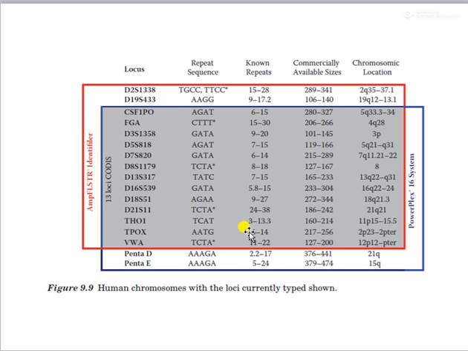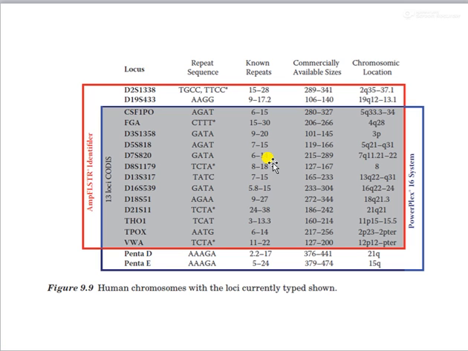So the possible number of alleles, or different forms of this particular locus, is different. Consider 6 to 14 repeats in one person. Sometimes there might be six repeats, sometimes 7, 8, 9, 10, 11, 12, 13, 14.